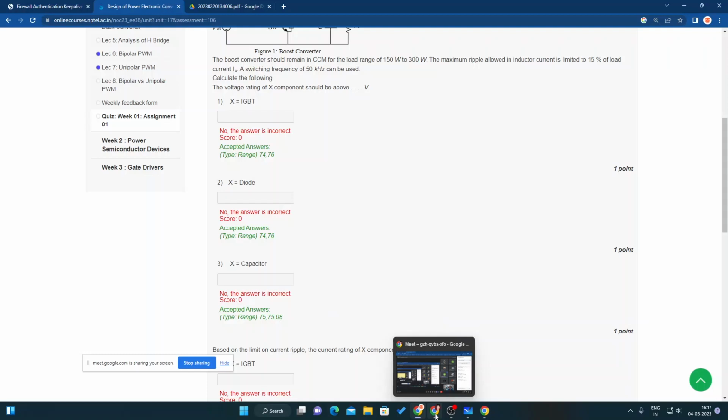Yeah, actually average is good enough because that's what we see. We don't go for the maximum value of current. Maximum value of current doesn't do anything, and it will occur for a very small duration of time, so it won't affect the ratings. What we go for is the RMS current and the maximum voltage.